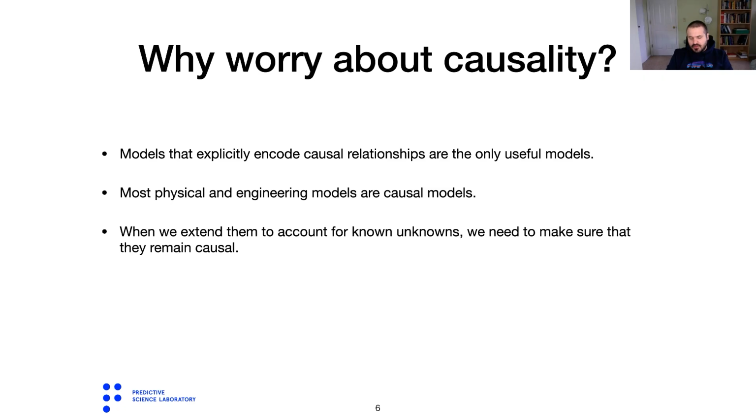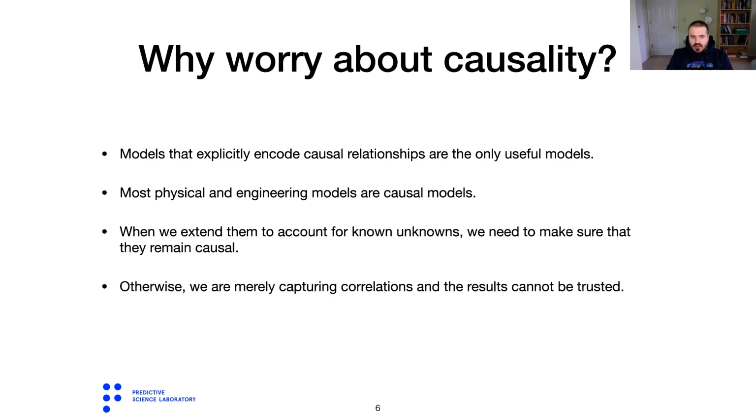And the problem is that when you extend the physical or engineering models to account for uncertainty, you need to make sure that these extensions remain causal. Otherwise, if you don't pay attention to that and you blindly build models and you calibrate them on data, you may end up with models that capture just correlations between variables.